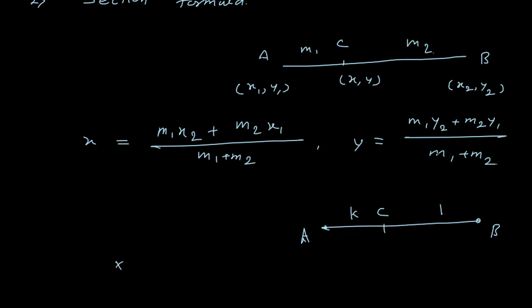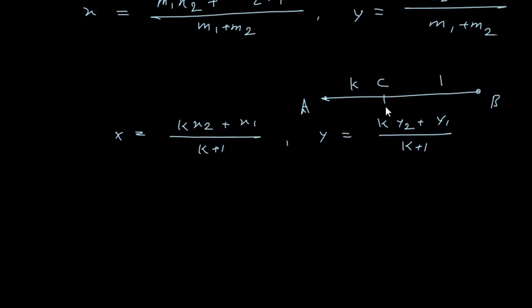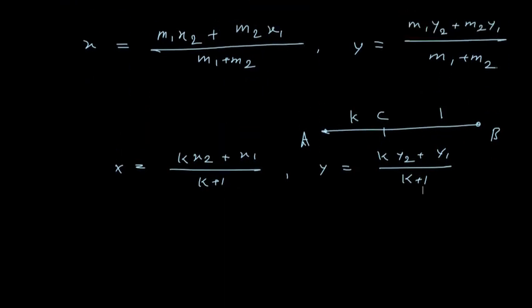So in that case your x coordinate will become (k x2 + x1)/(k + 1), and y coordinate will become (k y2 + 1 into y1, so that is y1 only)/(k + 1). Okay, so x coordinate and y coordinate we get in terms of k. Only one unknown is here. If we assume that as m1, m2, then two unknowns are there, right? Okay, this is the section formula.